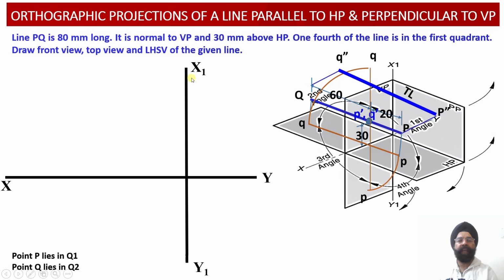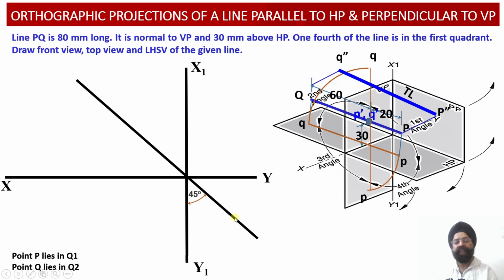So in order to obtain the orthographic projections corresponding to the line PQ, in which the 2 points P and Q happen to lie in different quadrants, we have to draw first of all the XY reference line, X1 Y1 reference line. Now in this case, since the 2 points are located in different quadrants, the transfer line which we are going to use in this case will also be extending into 2 quadrants over here.